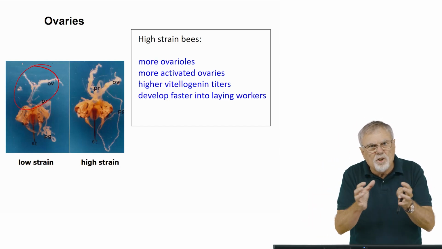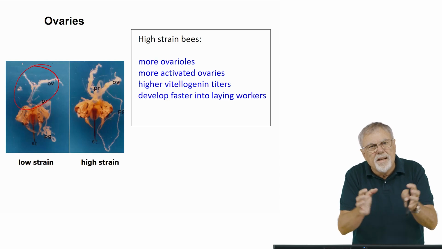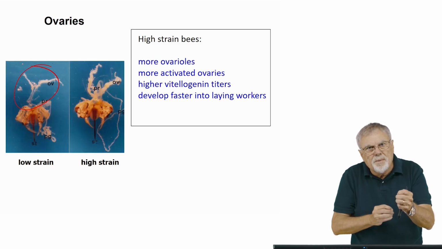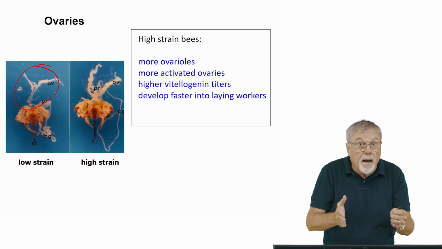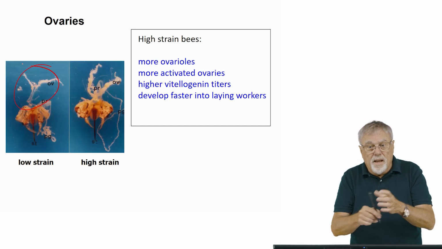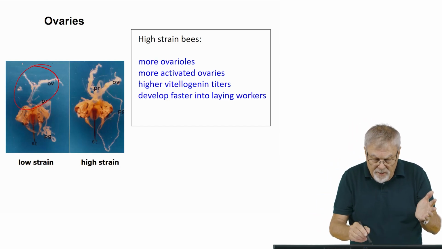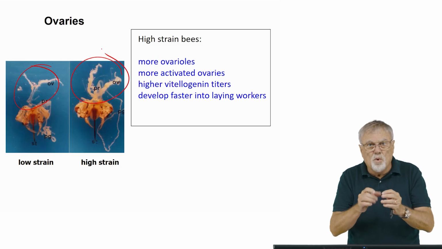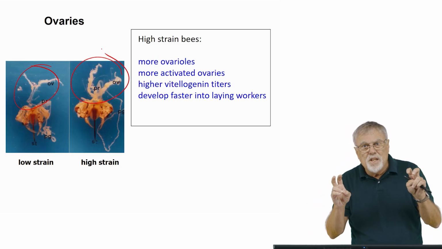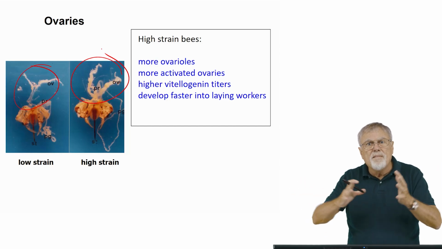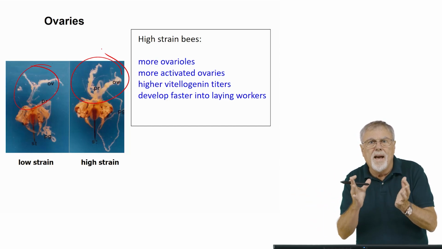And the vitellogenin is an egg yolk protein that they then make into eggs. And so honeybee workers can make eggs. So what she found was that the ovaries of the high-strain bees were activated. They were what we call vitellogenic.